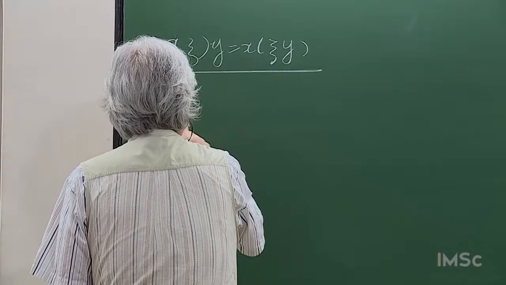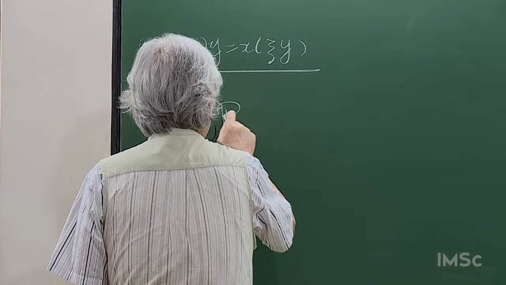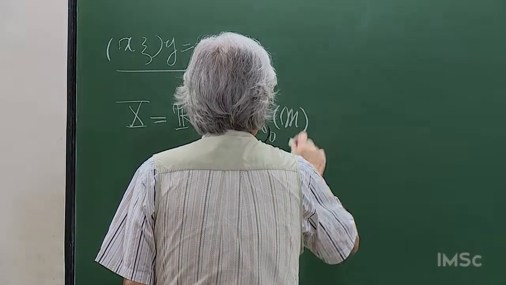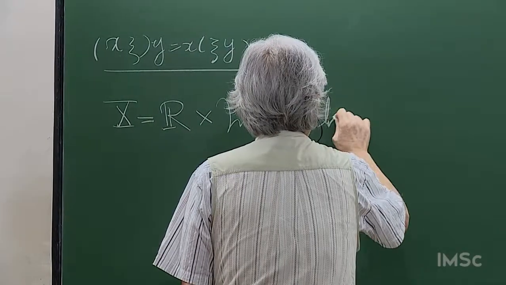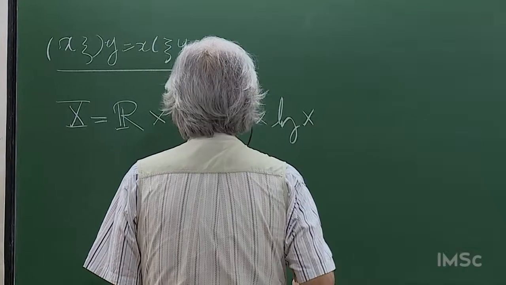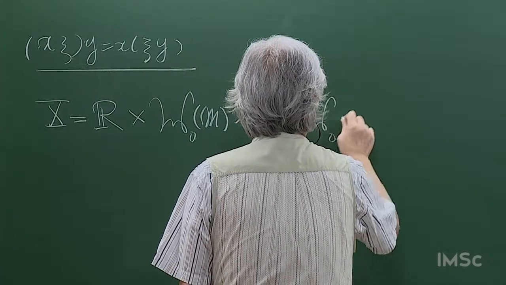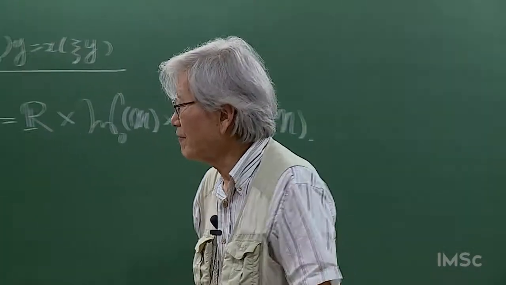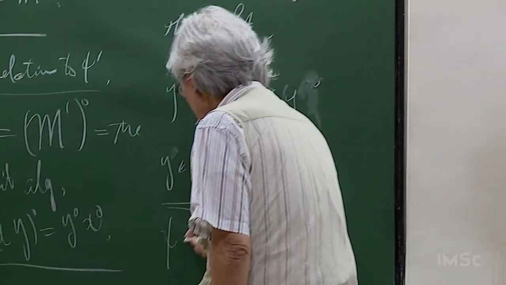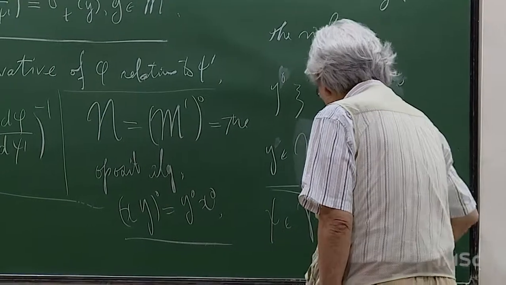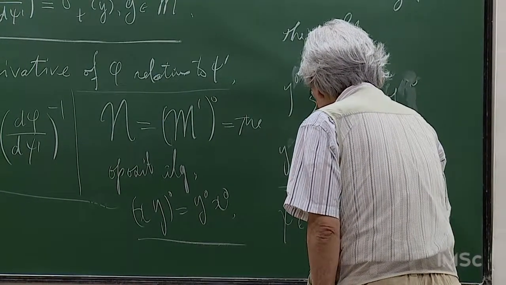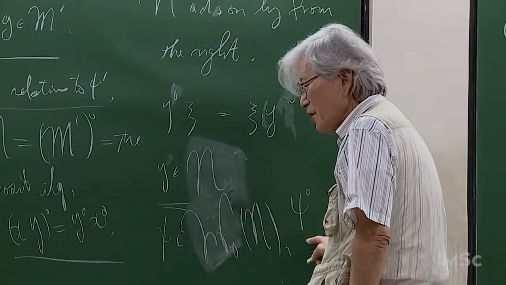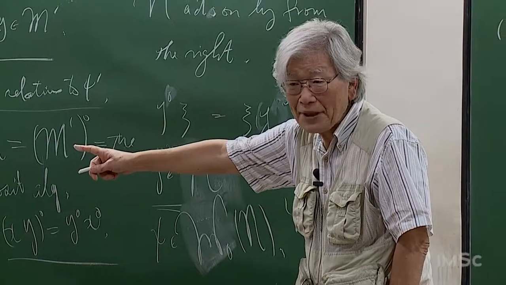X is now the real line, plus the set of all semi-finite weights and Hilbert space elements. For psi in the set of weights on N, we write psi opposite for the corresponding weight on M prime.